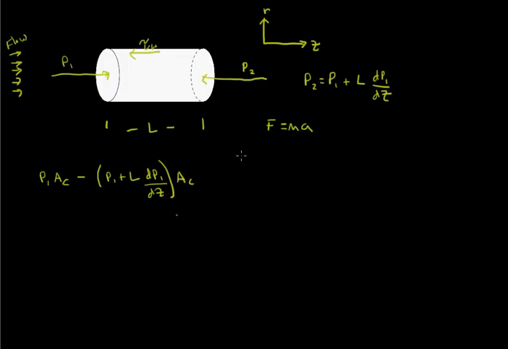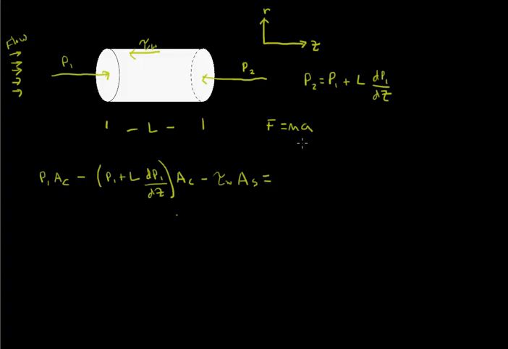And then we have our shear stress, and the shear stress is acting along the entire surface area, so we're going to multiply our shear stress by the surface area. So we have tau sub W times A sub S for surface area.